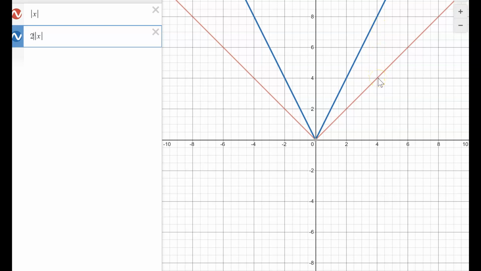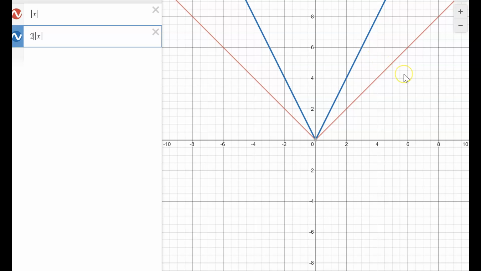So again, now we want to talk about the relationship with the y-axis. So when we look at this one, is it stretching towards the y, or is it shrinking away from it? It's stretching towards. Okay. So remember, when we did this with the horizontal one, we said we were shrinking. It was a horizontal shrink.